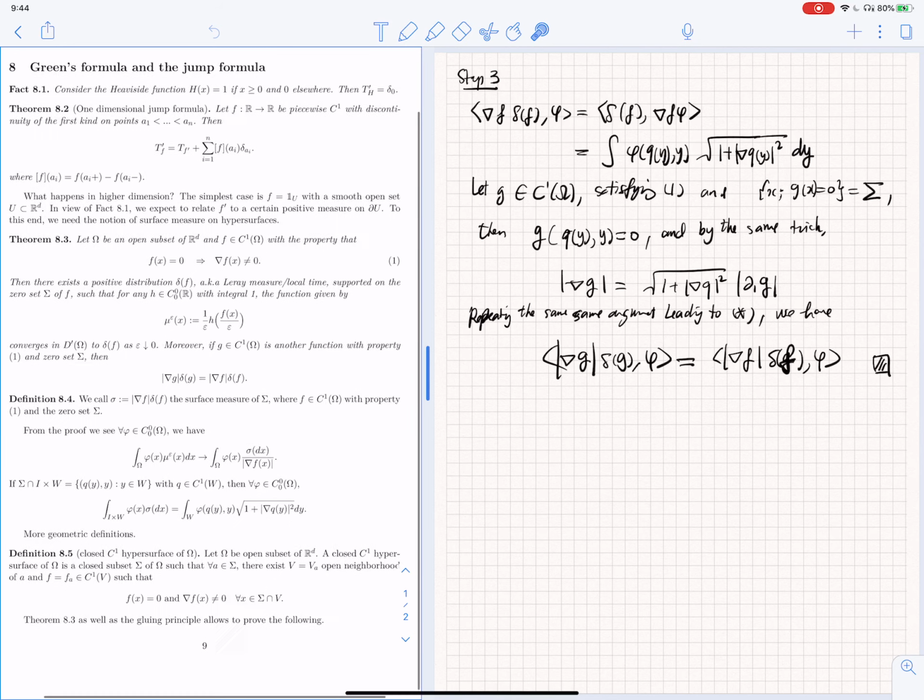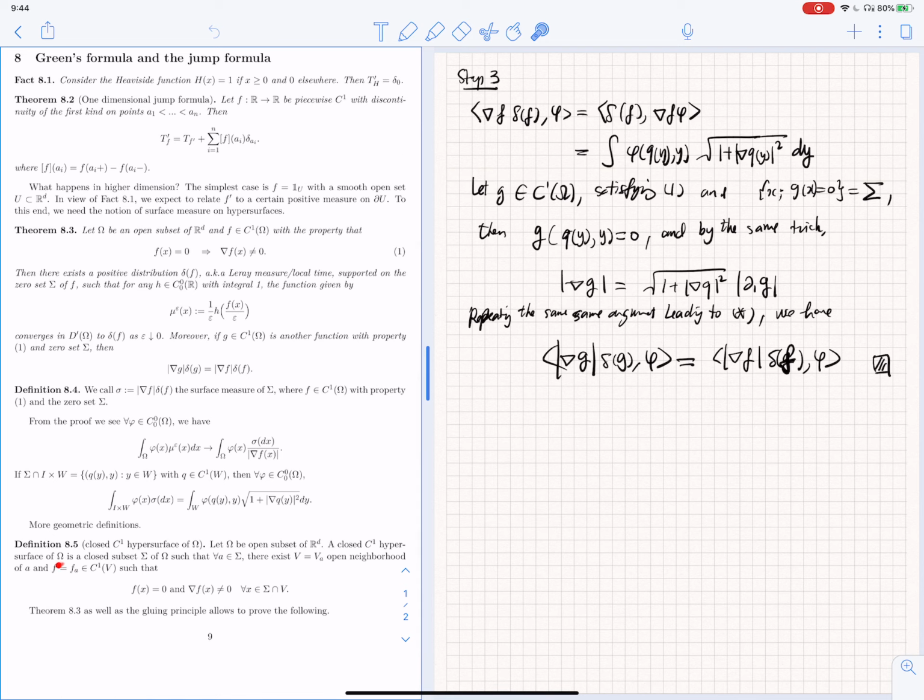A closed C1 hypersurface of omega is a closed subset of omega, denoted by sigma, such that for every point on this closed set sigma, we can find an open neighborhood V and a C1 function on the neighborhood V, such that the function equals 0 on the restriction of the surface in the open set V, and the gradient of f doesn't vanish on the intersection of sigma and V.